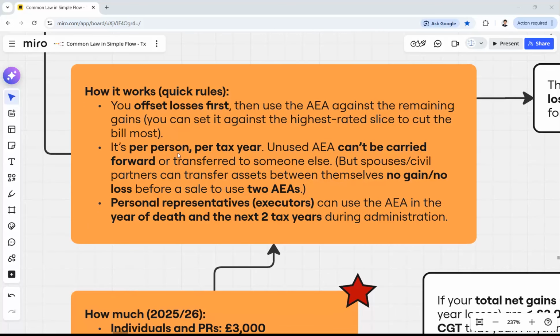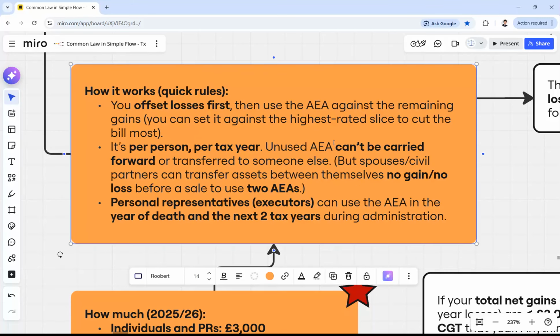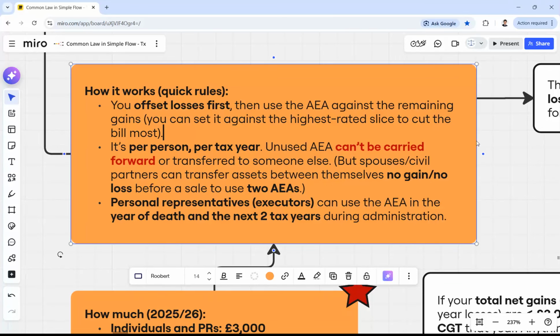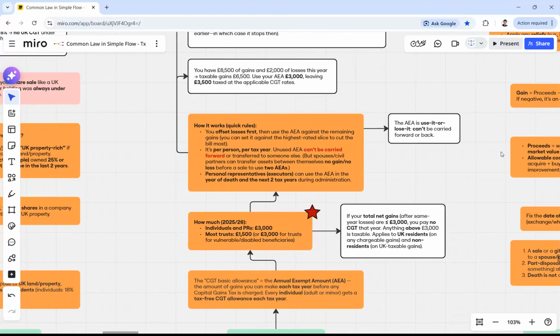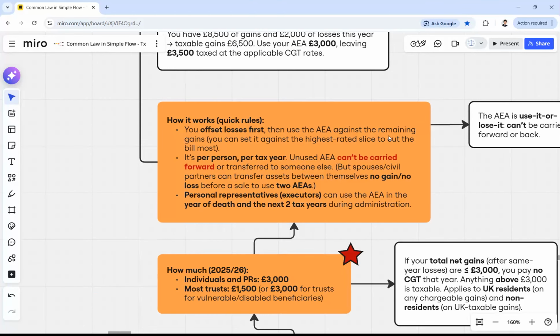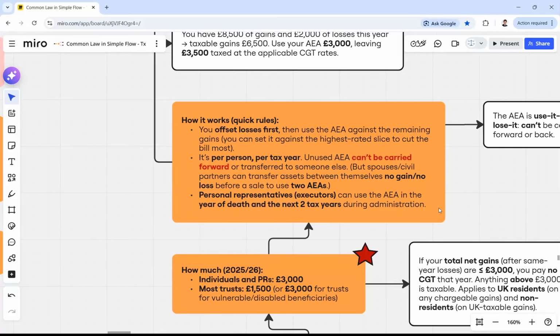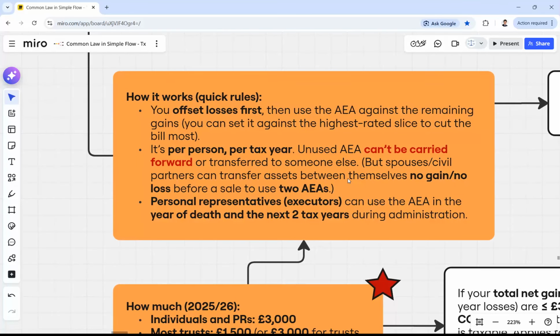This £3,000 is per person per tax year. Unused AEA can't be carried forward, and this is important. So if you haven't used it, it will not carry forward. It will stay in the same year, and it also cannot be carried back.